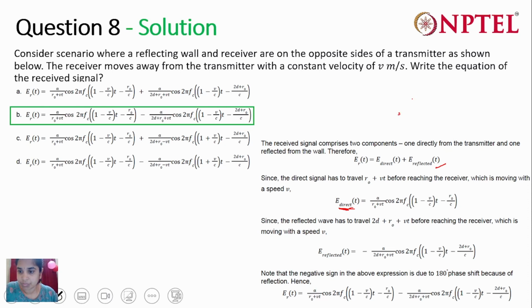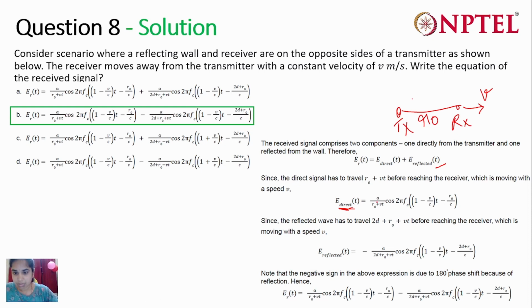So we have the transmitter, and the receiver is moving away with a velocity of v, and this distance is r naught. The direct signal should travel r naught plus v into t before reaching the receiver, as the receiver is moving with a velocity v.